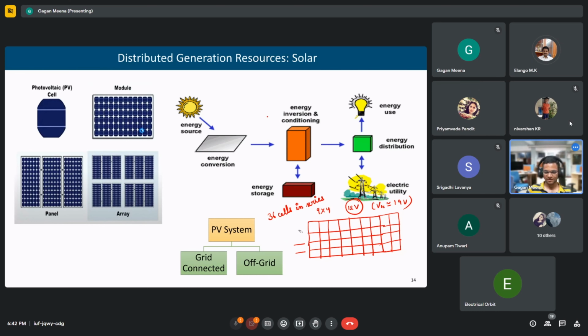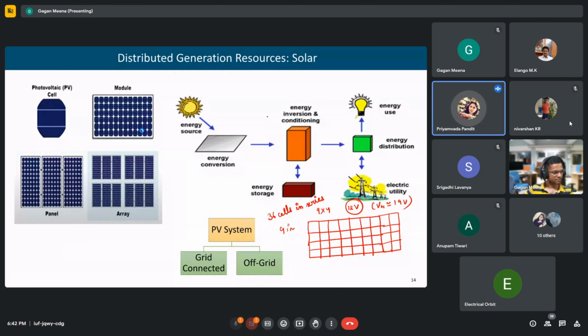If there are 9 in series, there can then be 18 also in series, depending upon how the configuration is. Sometimes all 18 are connected in series, so there are actually two rows of 18 cells in parallel in 36.